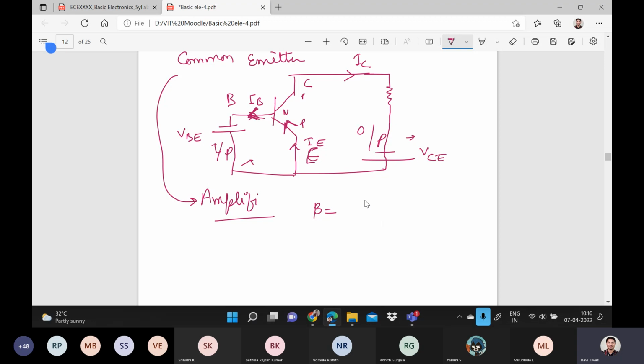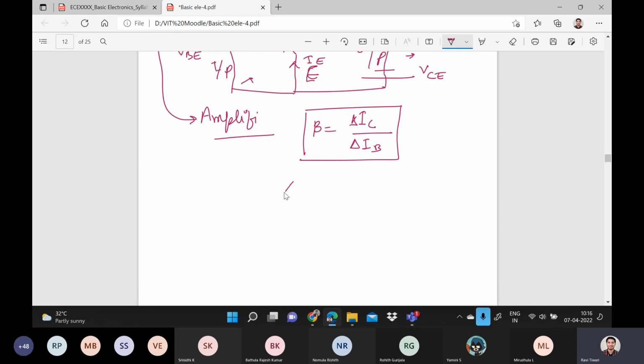Beta is equal to the change in output current, that is IC, divided by the input current. Input current is what? IB. That's why beta is equal to IC by IB. And we have seen alpha. Alpha is what? IC by IE. These two formulas are important.